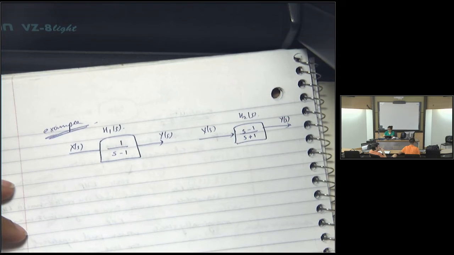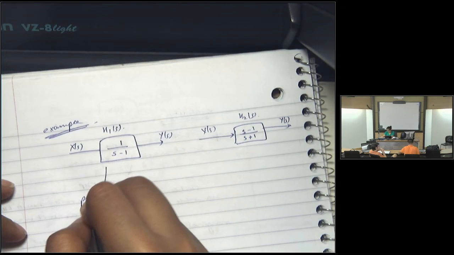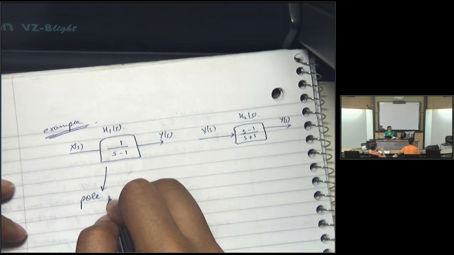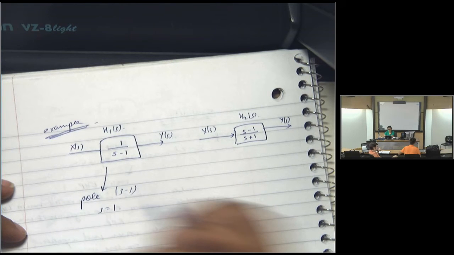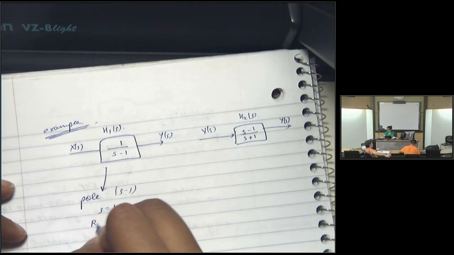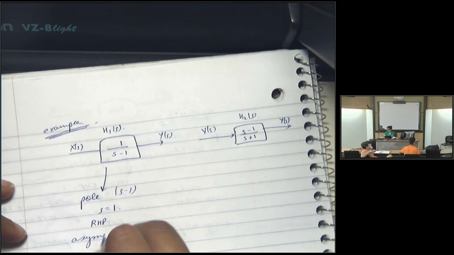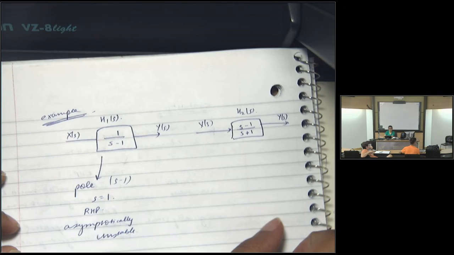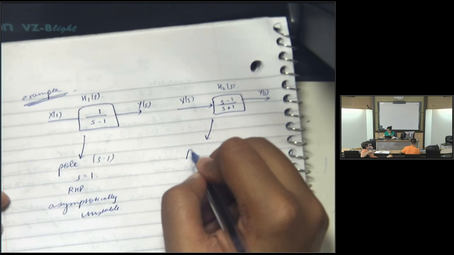Now, where is the pole for this first system, H1(s)? Right. So the pole is at s equals 1. That means it is in the right half plane. That means it is asymptotically unstable.